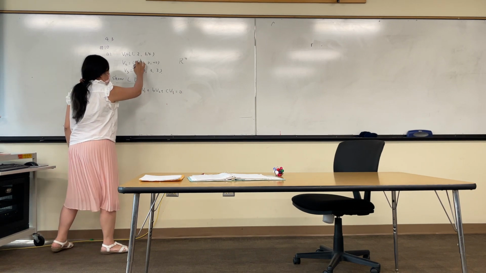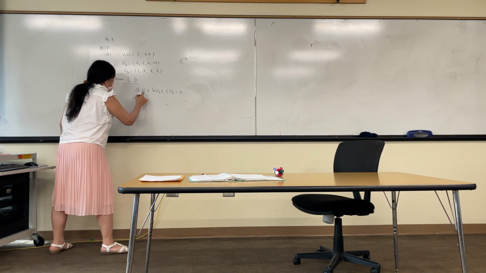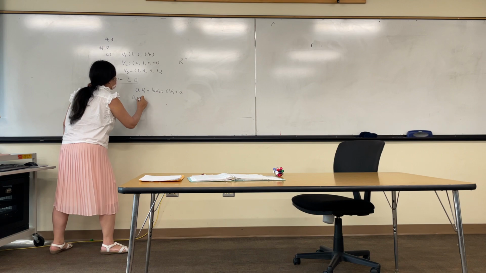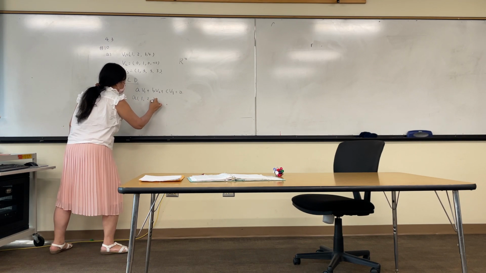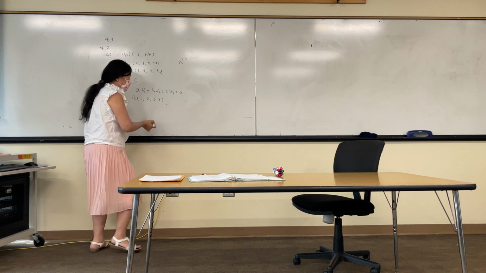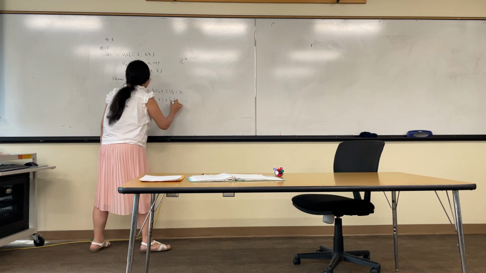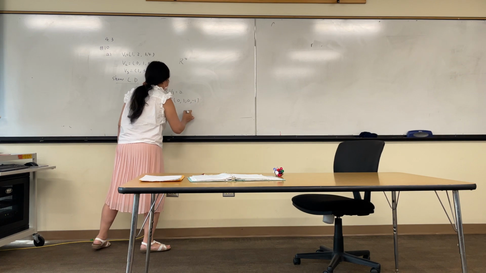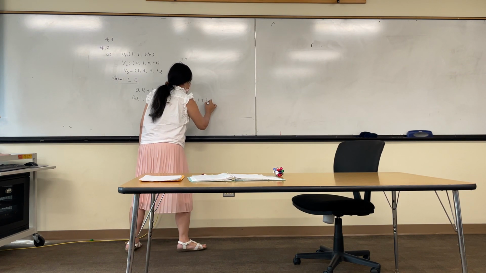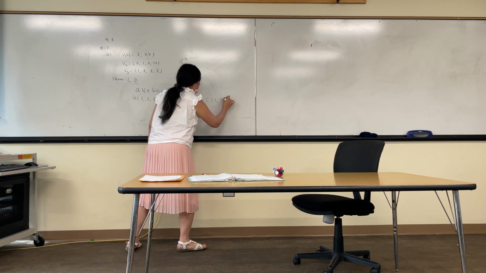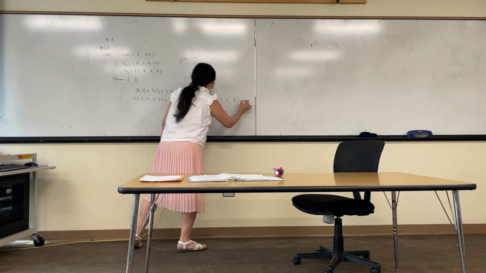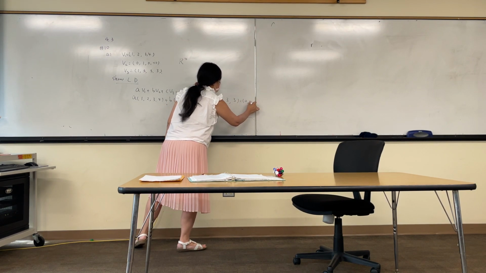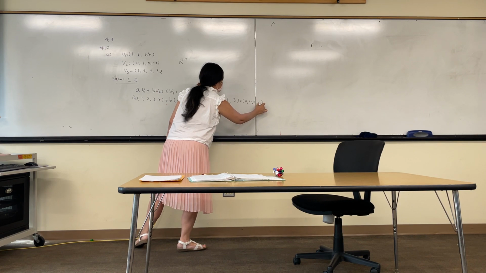So we put the vectors inside: A times 1, 2, 3, 4, plus B times 0, 1, 0, negative 1, plus C times 1, 3, 3, 3, equals 0, 0, 0, 0.